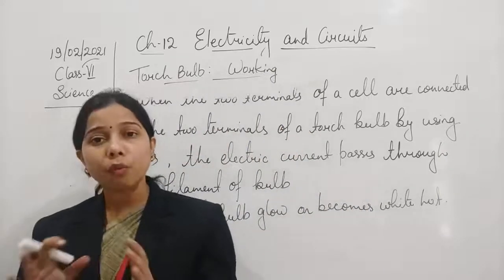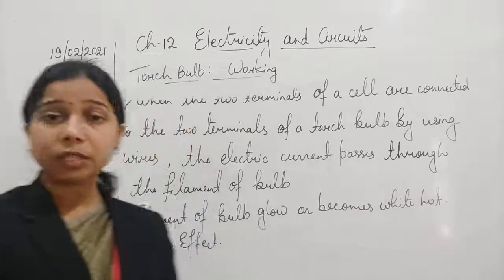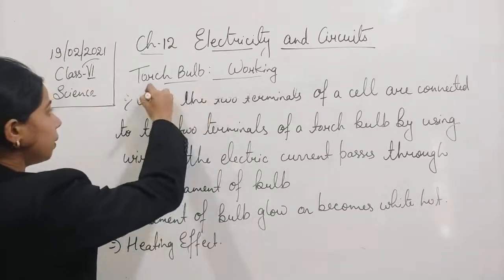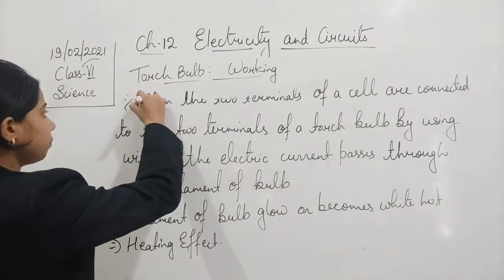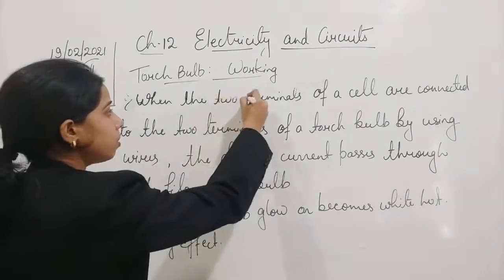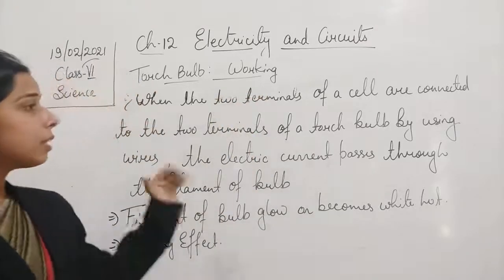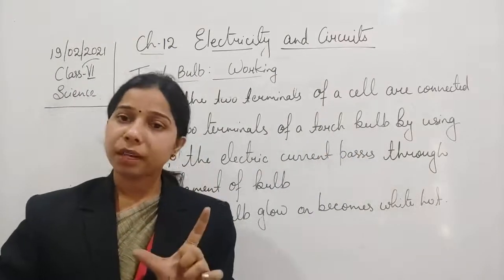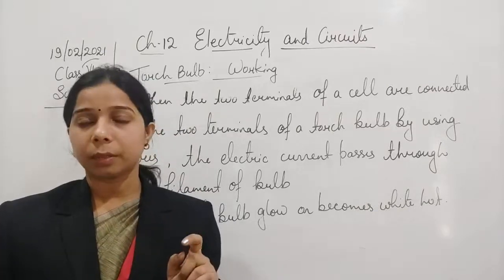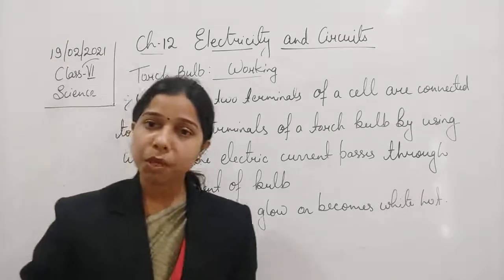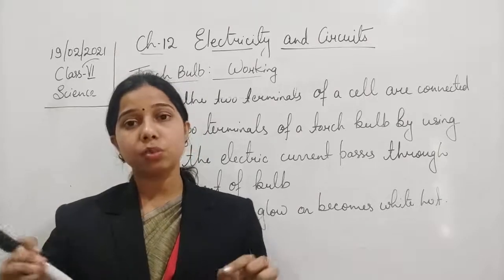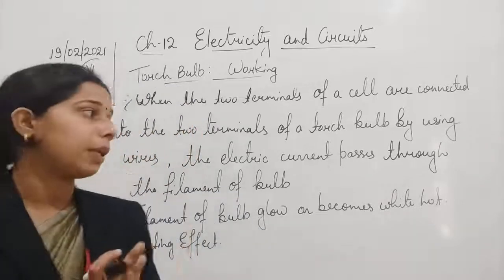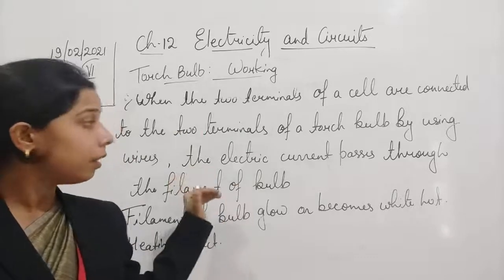But if we talk about the overall working, when the two terminals of the cell are connected to the two terminals of the torch bulb, the circuit is complete, and the bulb glows. A dry cell also has two terminals, and so does the torch bulb.